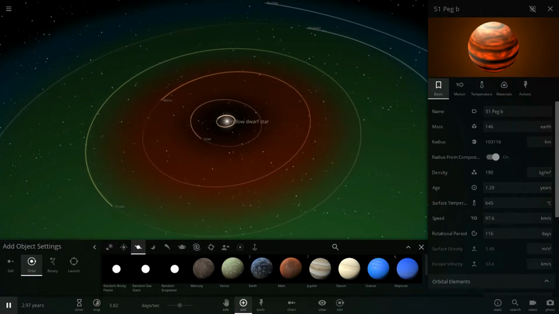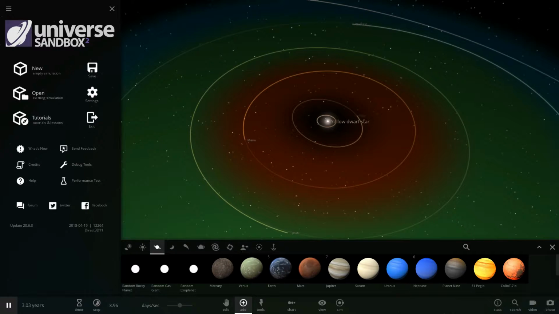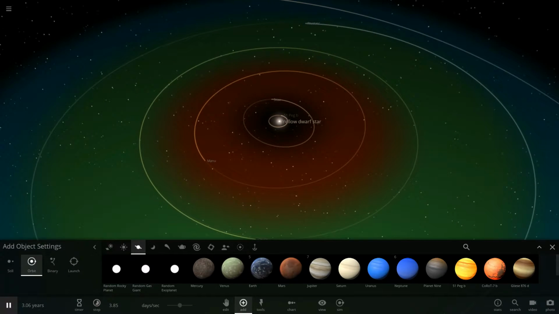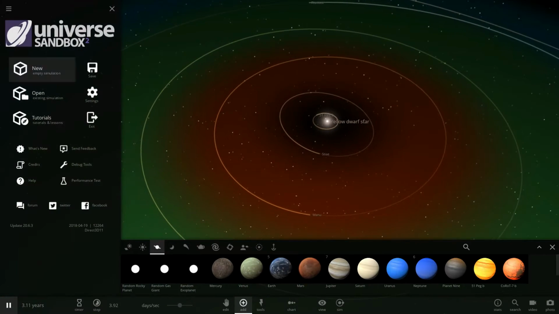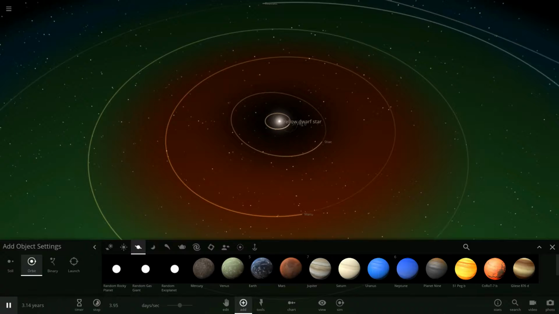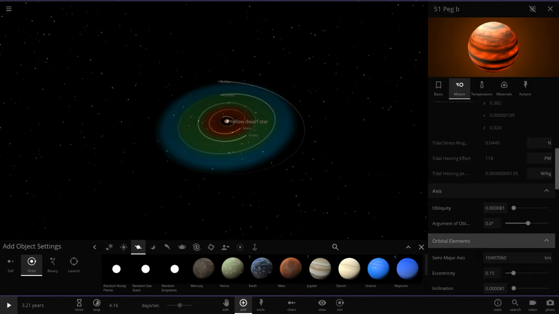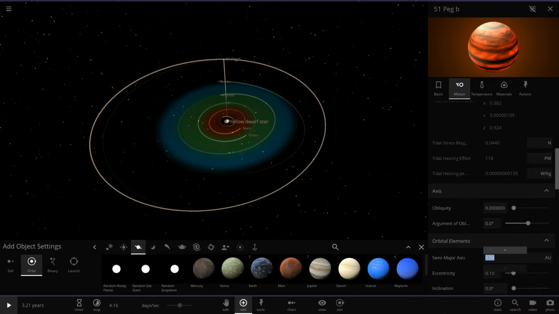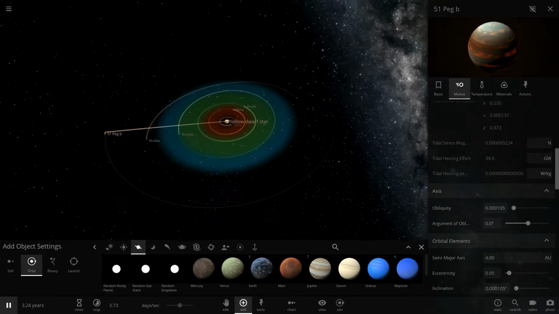Now, for example, if 51 Pegasus formed together with another gas giant, the likelihood of it being around this close will drop dramatically. It will most likely be on this type of orbit, so it won't be as hot.